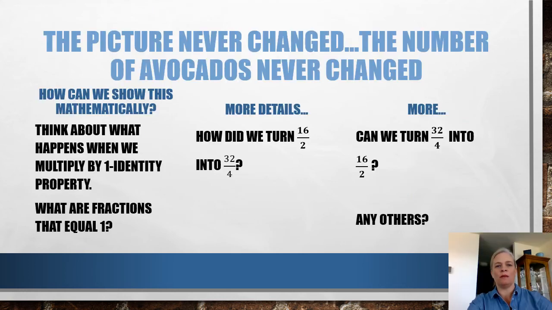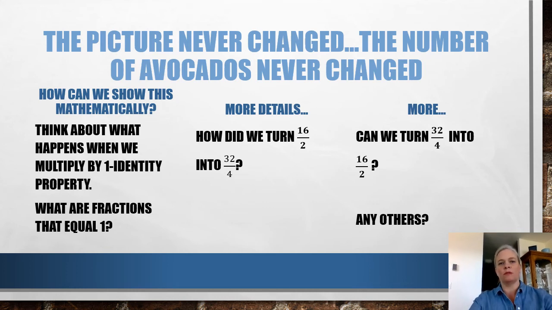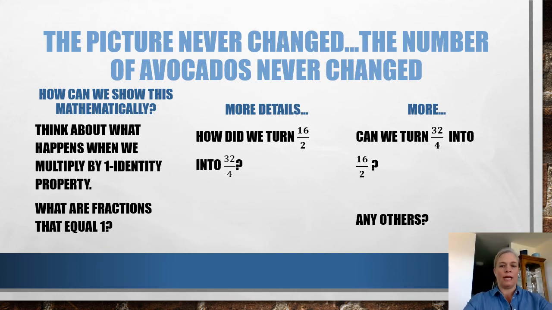So let's remember something. The picture never changed. We always had the same exact number of avocados. We always had 8 whole avocados. So we are showing how we can show that in a more mathematical way. So we reviewed the identity property, you guys remember that from way earlier in the year, when we talked about anything that you multiply by 1 will always be what that other number is. So if I have 3 million groups of 1, I'm going to have 3 million.